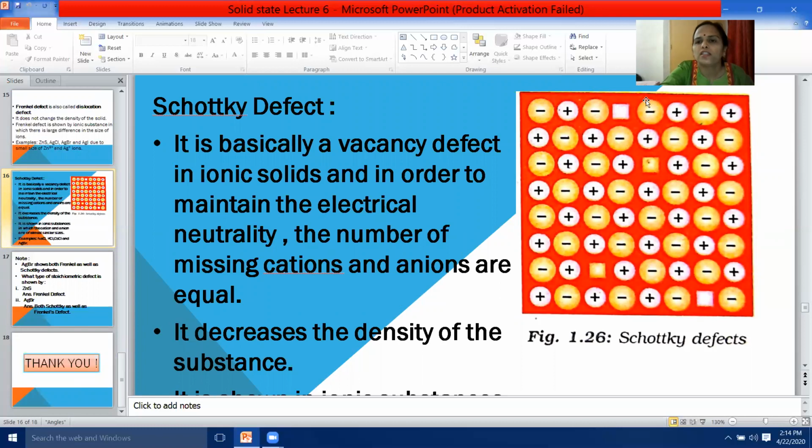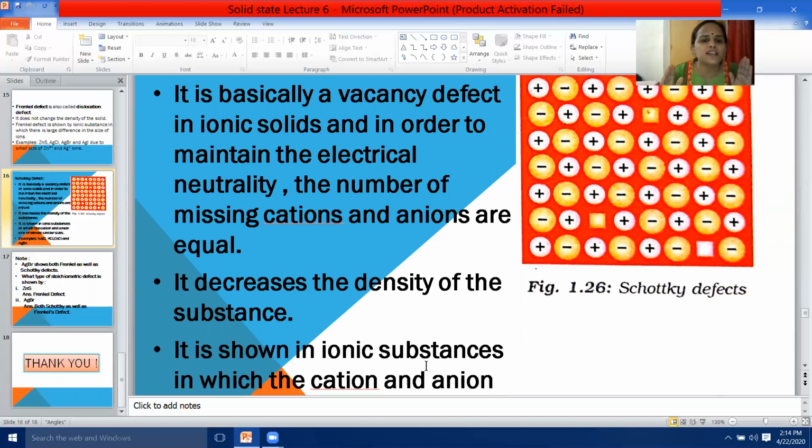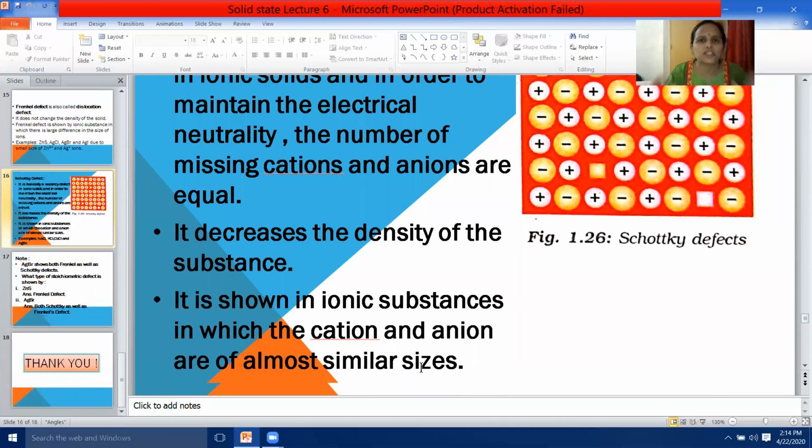Here you see the plus is missing, here you see the minus is missing. Look at my cursor movements. They are missing to maintain the electrical neutrality of the solid. The effect on density is that it decreases the density of the substance.